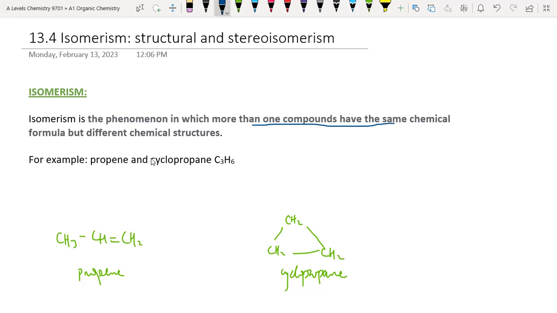Let's see, here we have the example of propene and cyclopropane. Both have the same chemical formula C3H6, but both are different compounds. This belongs to alkenes and this belongs to alkanes.